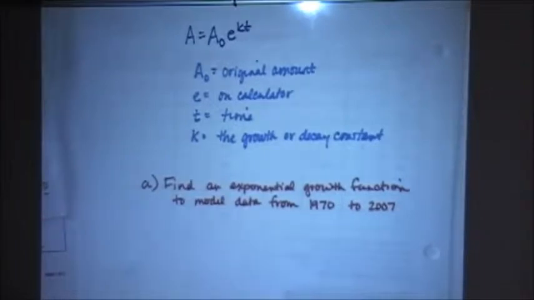Now, they ask me that, and then they give me a table, and let me show you what the table looks like, because you'll probably have one like this on the computer. They give me a table that looks like this.